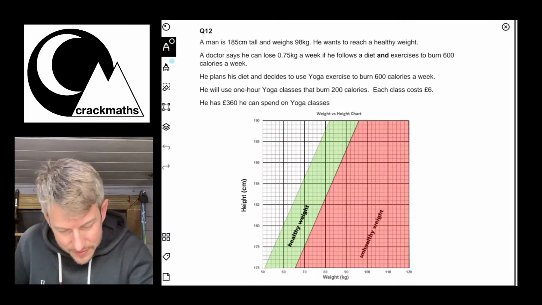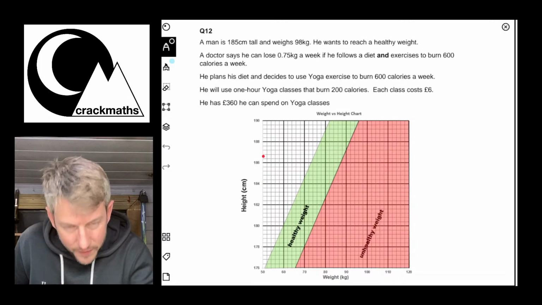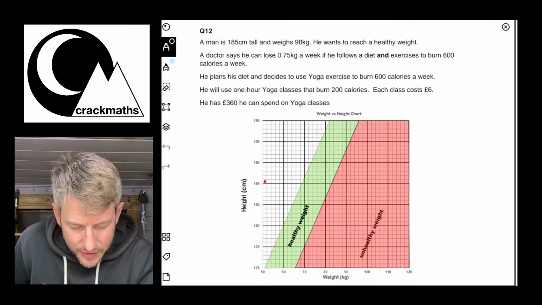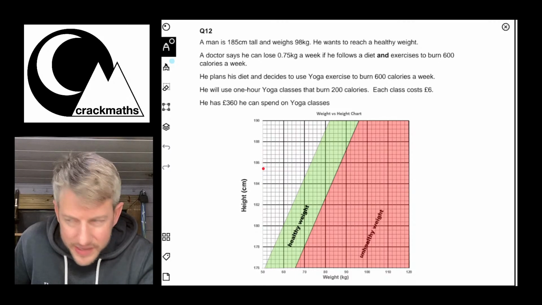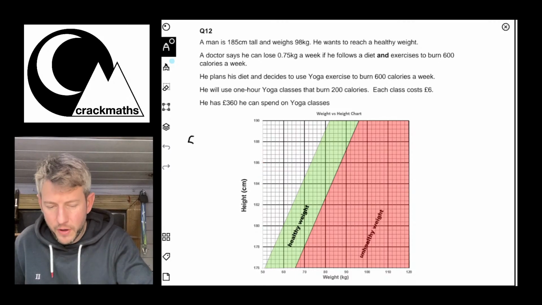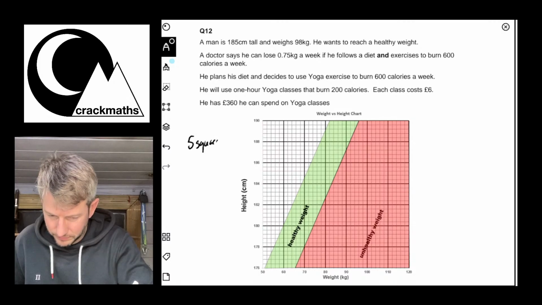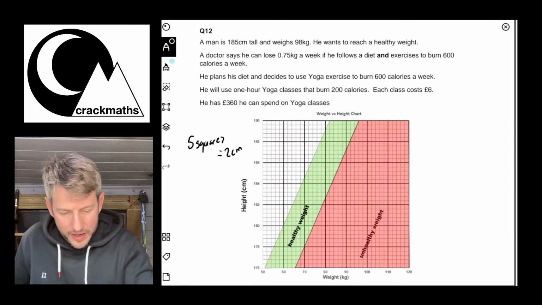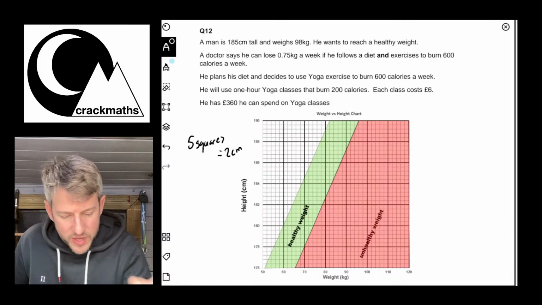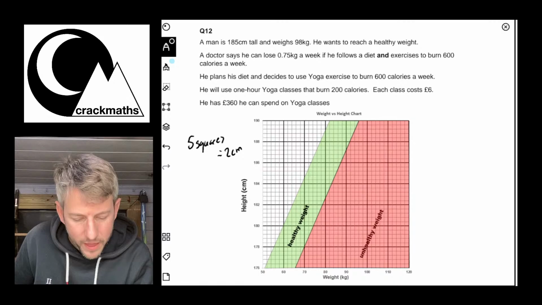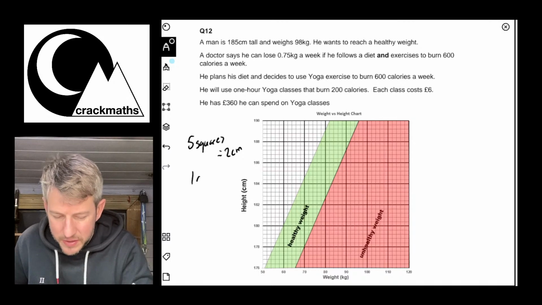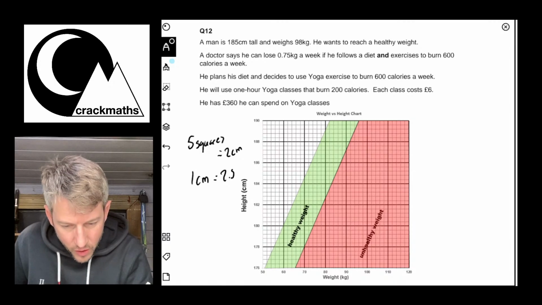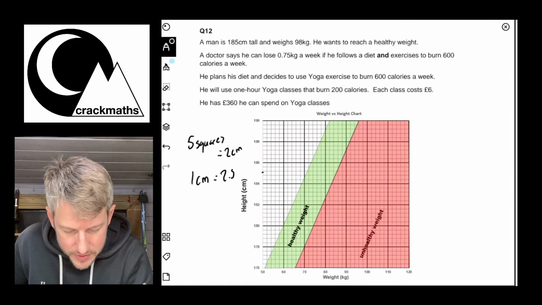So 185 centimetres tall. Right, if we look at these bits here, we can see that 2 centimetres is 5 squares. So 5 squares equals 2 centimetres. So we need to work out what 1 centimetre is. Well, 1 centimetre will equal 2.5 squares, okay? So 185 comes in here.